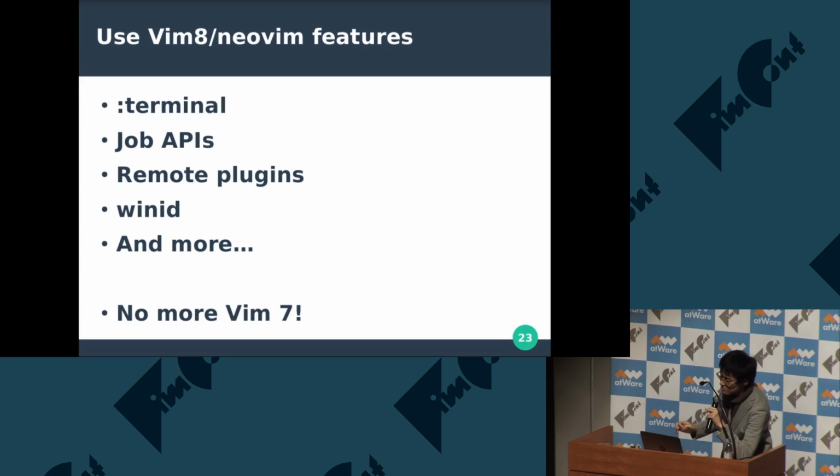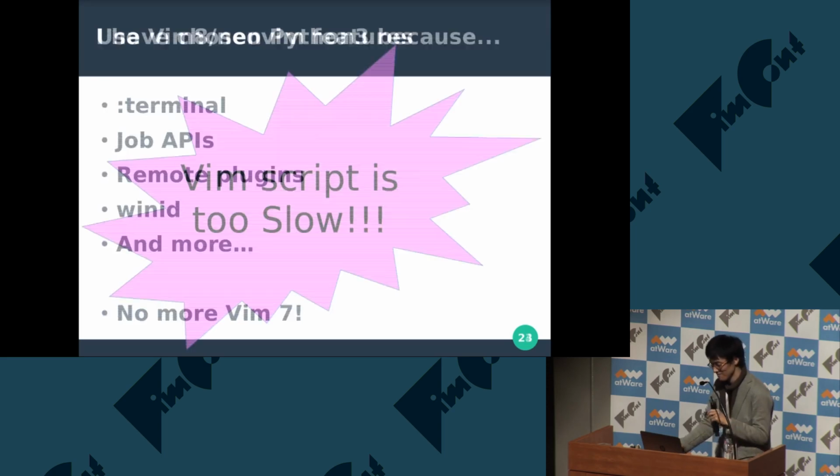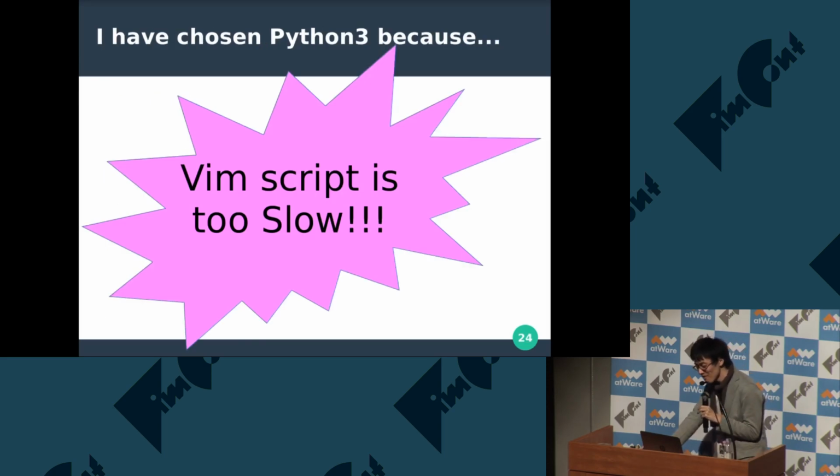I have used the below new Vim 8 or NeoVim features: terminal, job APIs, remote plugin, WinID, and more. So I don't want to use Vim 7 anymore. I have merely chosen Python 3 because Vim script is very slow again.